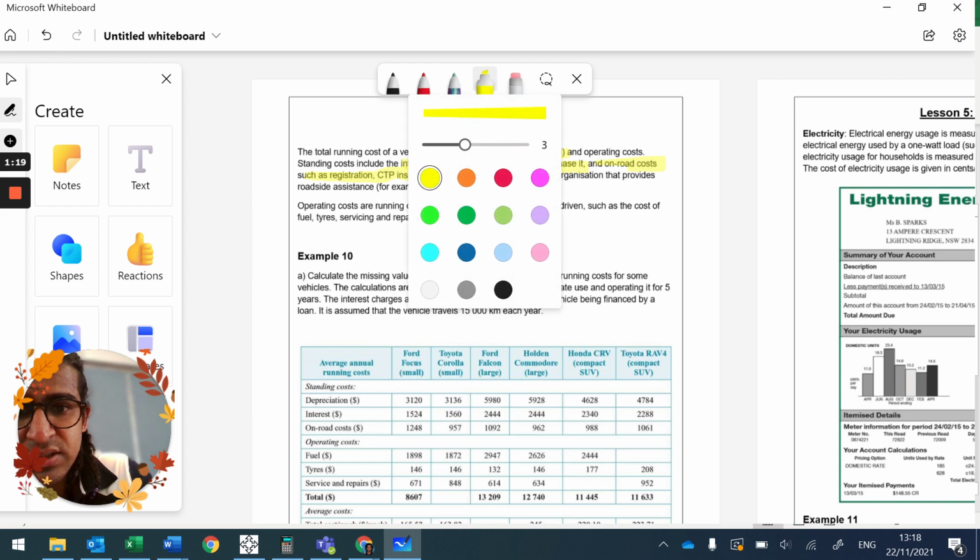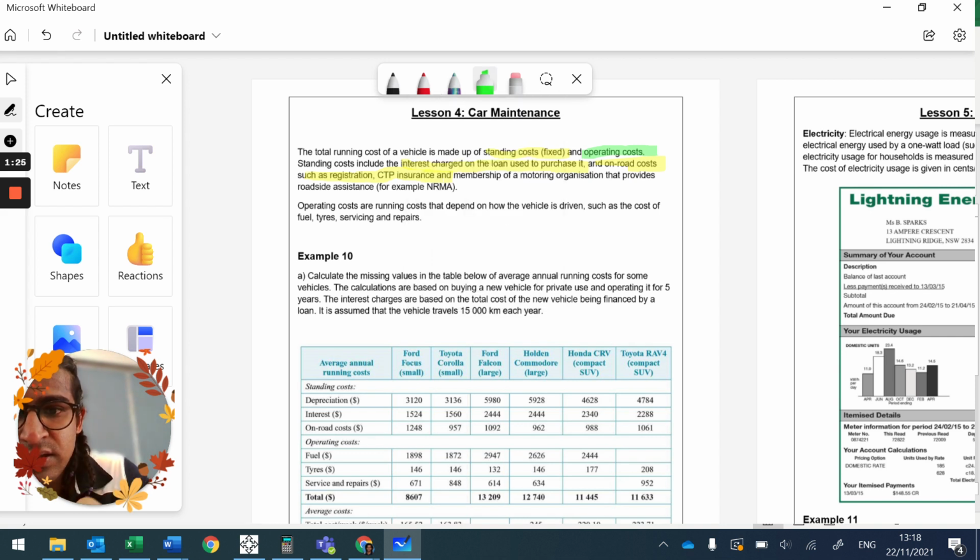Then operating costs, which is what we're looking at here. Running costs depend on how the vehicle is driven, such as the cost of fuel, tyres, servicing and repairs. So basically, standing costs don't depend on the way you drive, and running costs do.